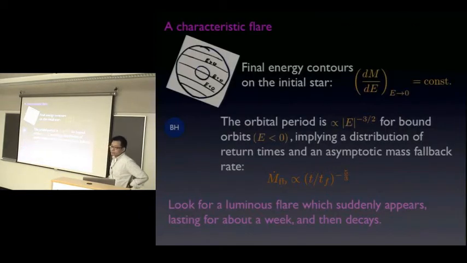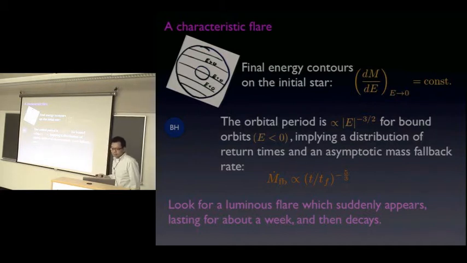So, as I mentioned, at the disruption site, there is a spread in the specific binding energy for the bound half of the star. That distribution of specific binding energy means there is going to be a distribution of the returning time of the bound material. And also, the mass within the star has a distribution over the specific binding energy.